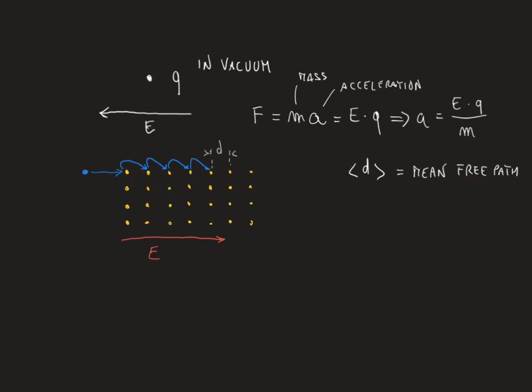It's anyway possible to define an average speed for the carrier, and this average speed v sub d is called drift velocity. And this drift velocity is proportional to the electric field through a parameter mu, which is called the mobility of the carrier.